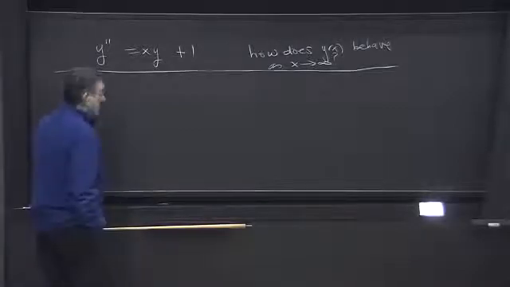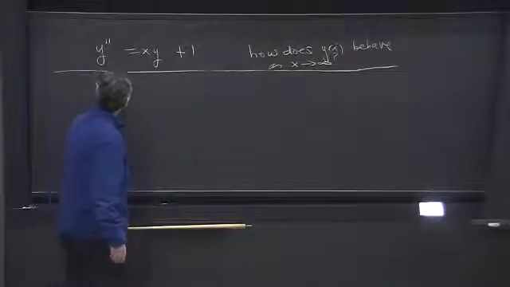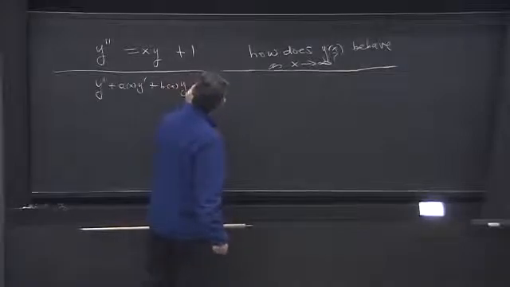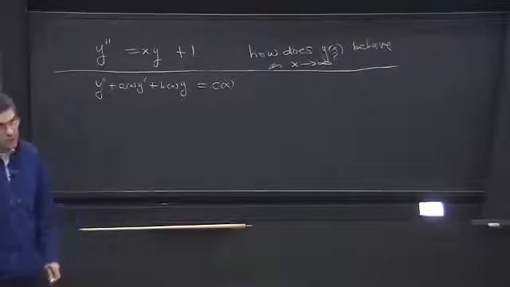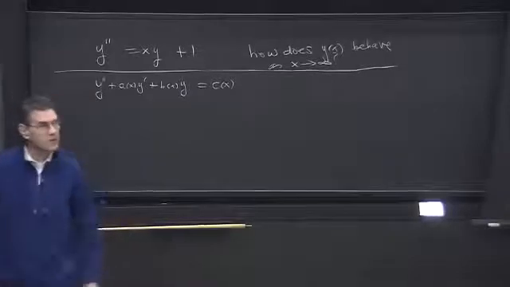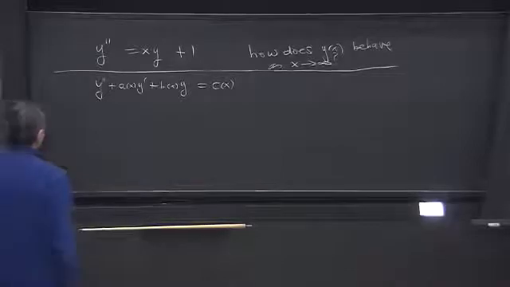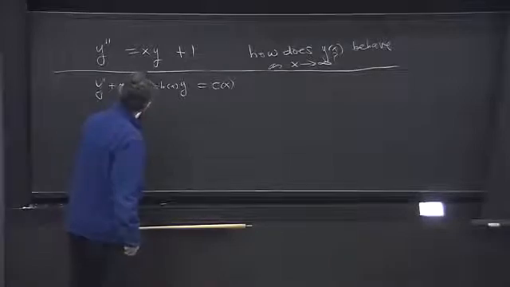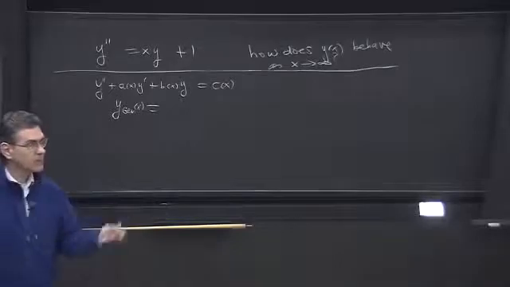You know that in complete generality, if you have an equation like y'' + a(x)y' + b(x)y = c(x), an inhomogeneous second-order linear differential equation, what would you say? What do you know about equations like that? What is the nature of the general solution? What is its structure? What can you say about it? Okay, yeah.